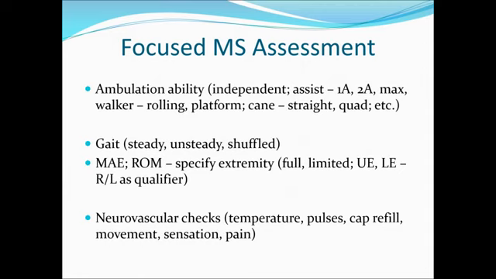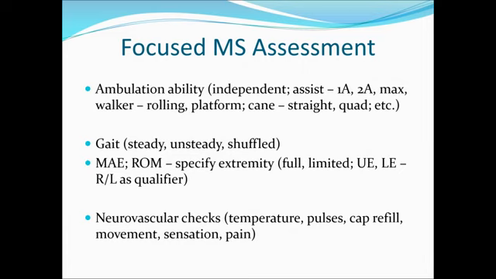So basically what that means is we are assessing the limbs for temperature, and not temperature in the sense that we're using a thermometer, but does the temperature of the extremity feel warm? Is it cool? Is it cold? Is it really hot? We're assessing pulses, typically the most distal pulses. So upper extremities, we're talking about the radial pulses. Lower extremities, we're talking about the pedal pulses and potentially the posterior tibial pulses.